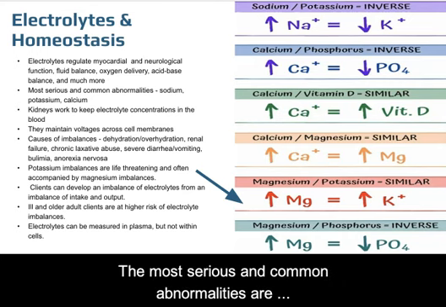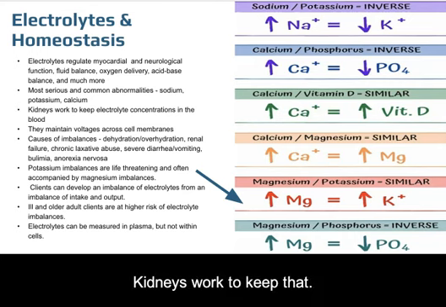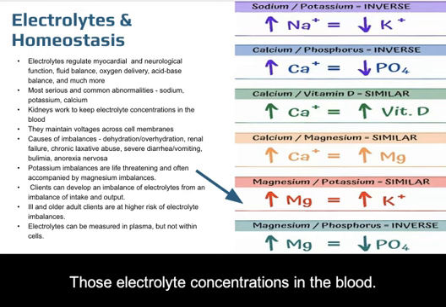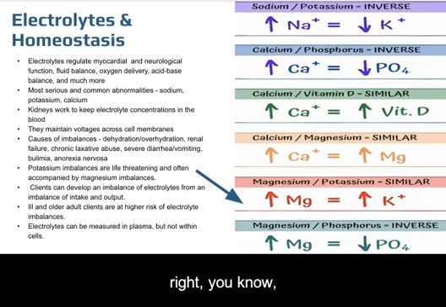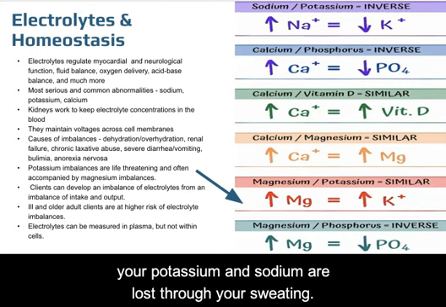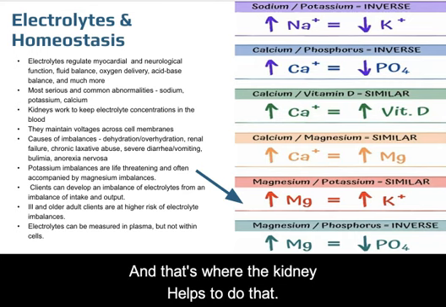The most serious and common abnormalities are usually sodium, potassium, and calcium. Kidneys work to keep those electrolyte concentrations in the blood. For example, when you're exercising a lot, your potassium and sodium are lost through your sweating. So this requires an increased need for potassium replacement, and that's where the kidney helps to do that.